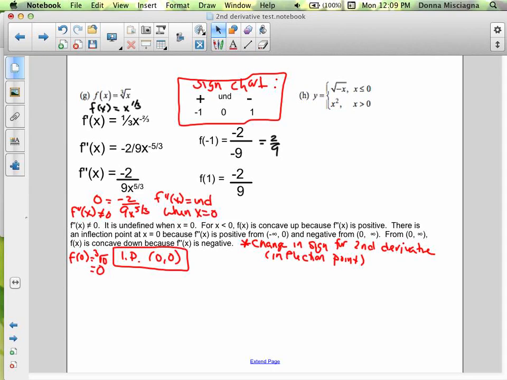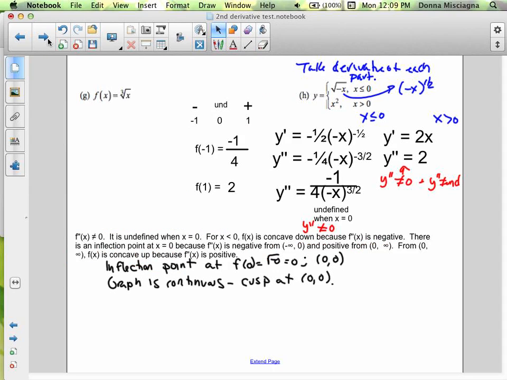This one, nice, easy one. And the piecewise function there. With the piecewise function, you have to take the derivative of each part separately. So we have the derivative of the first piece, negative x to the 1/2 power, which becomes negative 1/2.